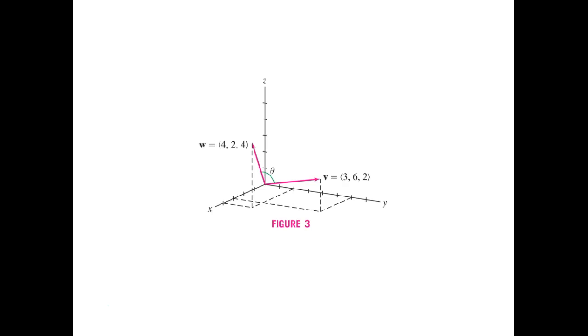Not the angle over here, that's greater than pi. We want the one that's less than pi. Okay, so there's the angle. So if we were going to calculate the dot product, you tell me what the dot product of those two vectors would be.